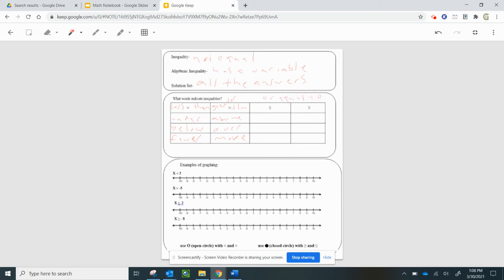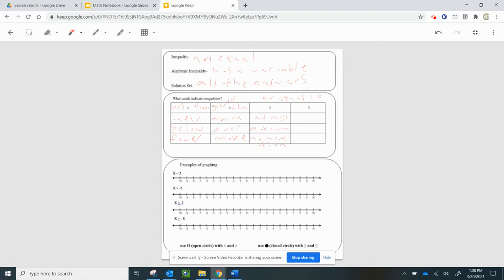So the first one would be less than or equal to, and the other one would be greater than or equal to. So when it's less than or equal to, you might see things like at most. So this is the most it could be, or maximum, or no more than.